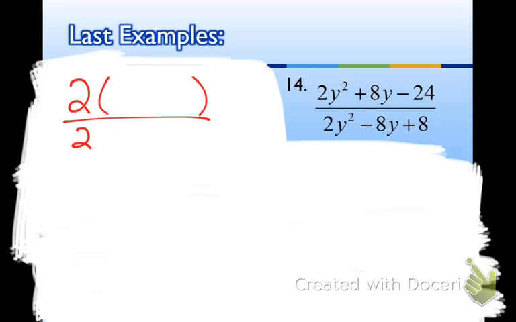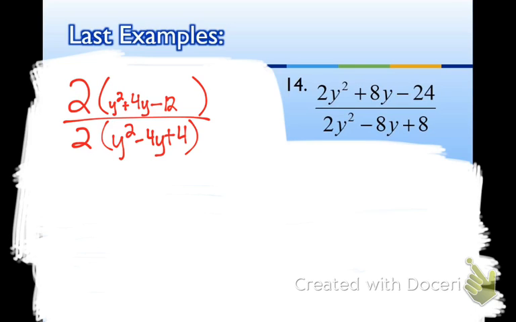So in the numerator, what's left over when we factor out a 2? Y squared plus 4y minus 12. Good. And what about in the denominator? 2 and then y squared minus 4y plus 4. Beautiful.